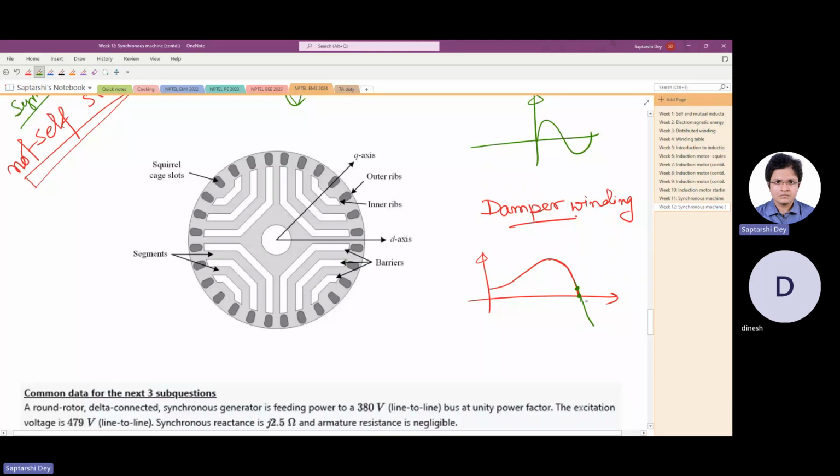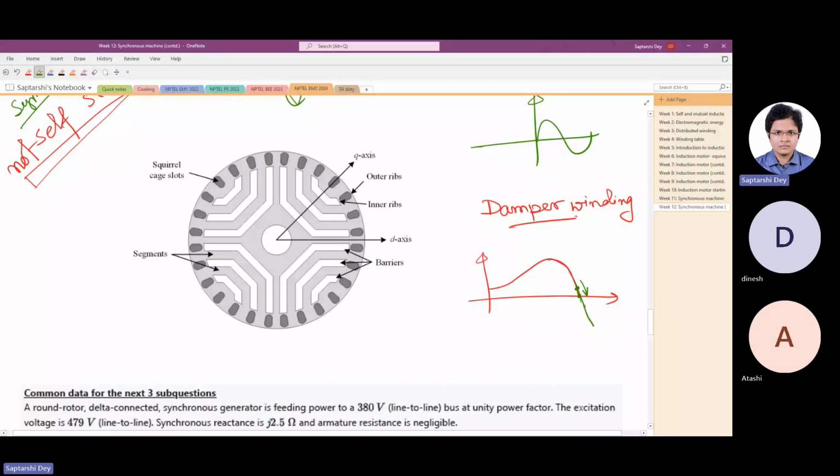So if the speed reduces, there will be a current in the damper winding that will give a positive torque and push it again towards the synchronous speed. If the speed increases, there will be braking torque due to the currents in the damper winding, and it will again push it back towards the synchronous speed.